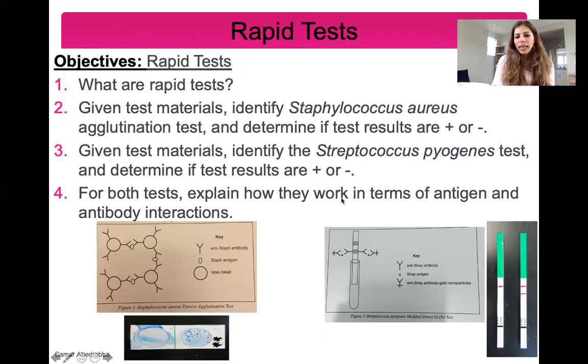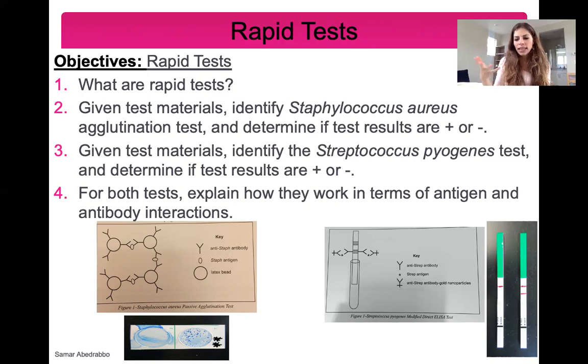And then the way that these tests work in terms of antigen antibody interactions, know that for the passive agglutination test to test for Staphylococcus aureus, the antibodies for Staphylococcus are bound to latex beads. For the direct ELISA that we're using to test for Streptococcus, the antibodies are on a certain section of the dipstick. That's how they work.